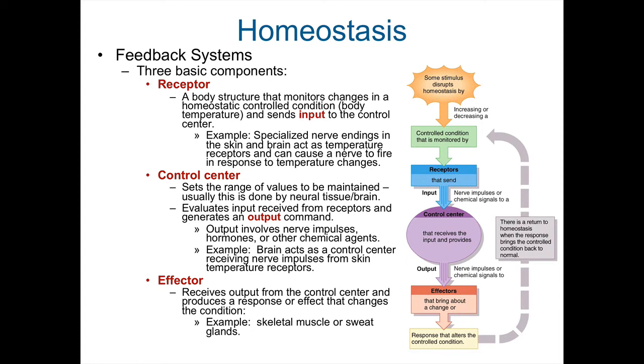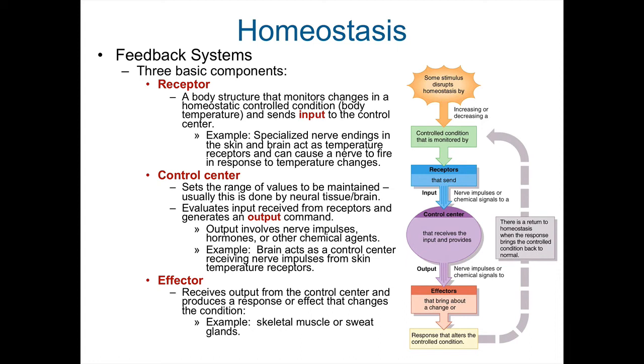Now in this temperature example, if you accidentally end up touching your finger to the stove, the thermoreceptor is going to sense that that's too hot, and an afferent signal is going to go to your central nervous system, which is either the brain or the spinal cord. In this case, it would be the spinal cord. And then the spinal cord would generate a signal of its own called the efferent signal.